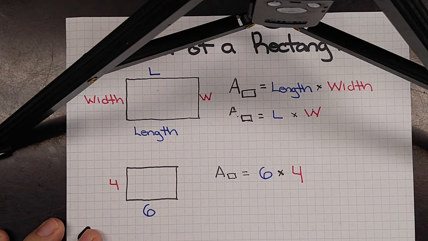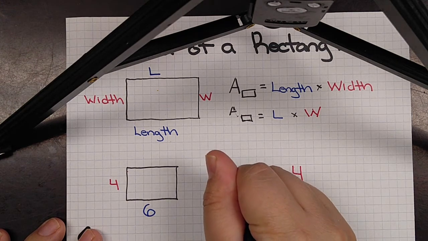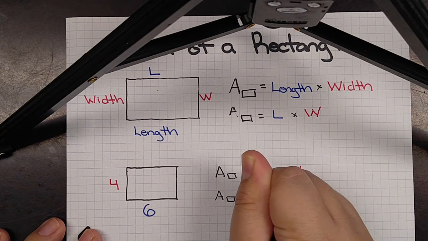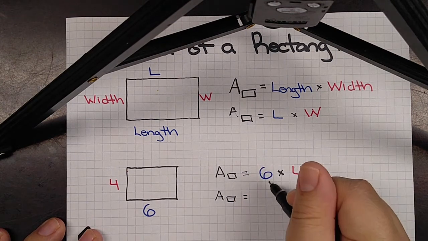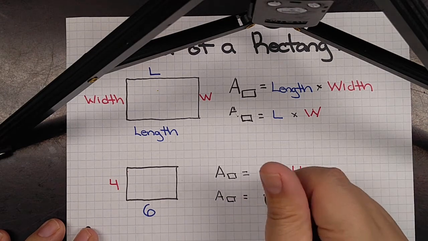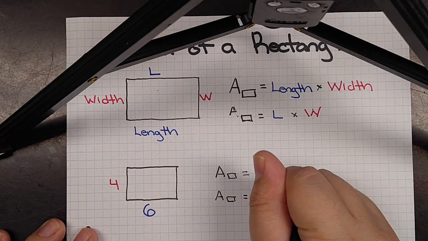So my equation is going to be area is equal to 6 times 4. You can use whatever multiplication techniques you want, but I'm fairly familiar with my math facts. 6 times 4 means I have 6 groups of 4, so that gives me a total of 24.